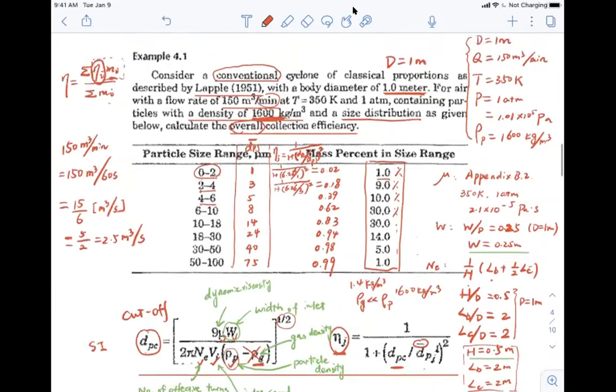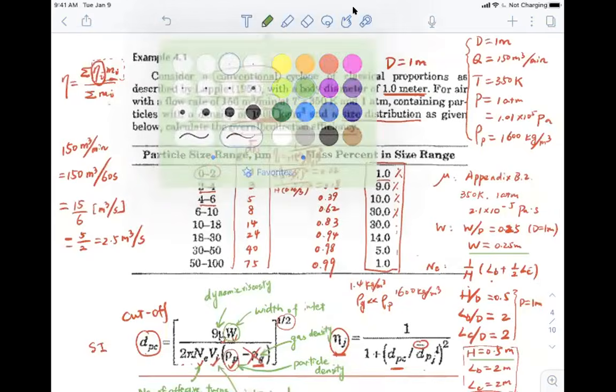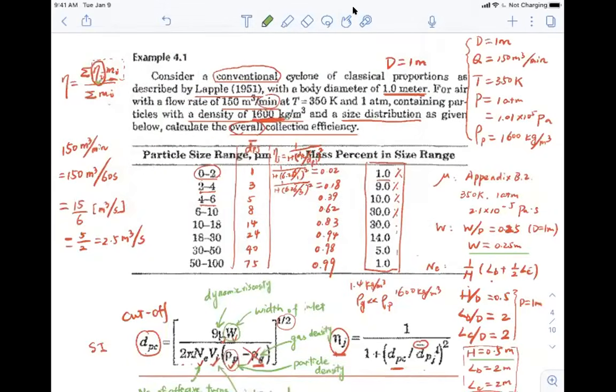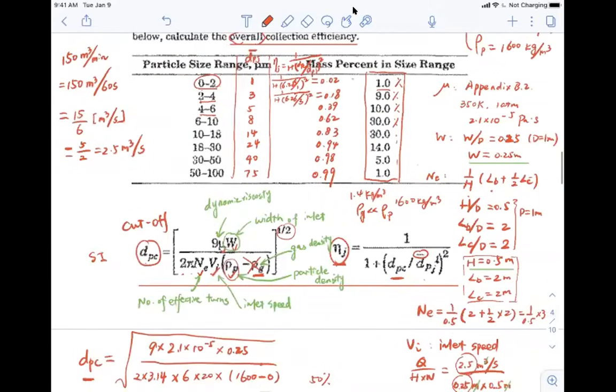So if we go back to this equation eventually, right? We find out what is the efficiency in that range. We know what is the mass fraction in that range. We can calculate the total mass concentrations, right? So we can just multiply these together, take the summation, and then divide by the total mass in this range, okay?